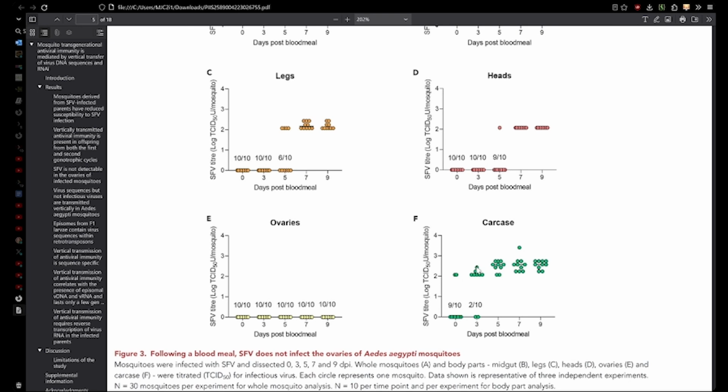So we insert a gene into the mosquito that is only activated at that specific point in time, and then we can put whatever we want in that cassette, so we don't have to inject so precisely, and it gets those same consistent results, which is really nice.